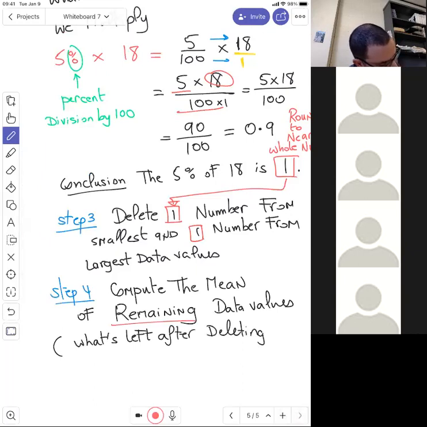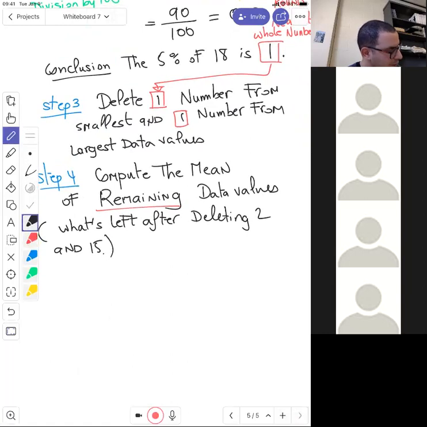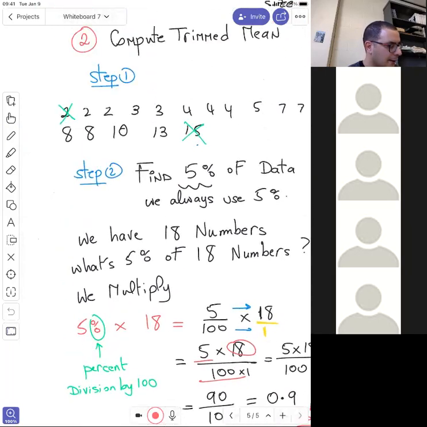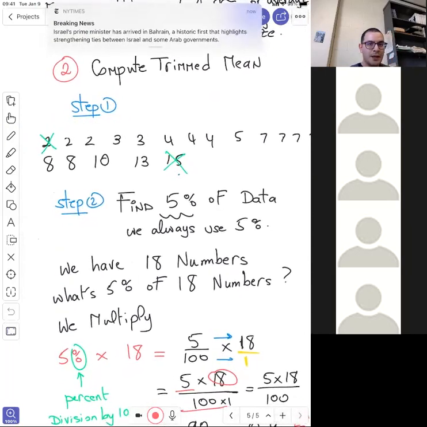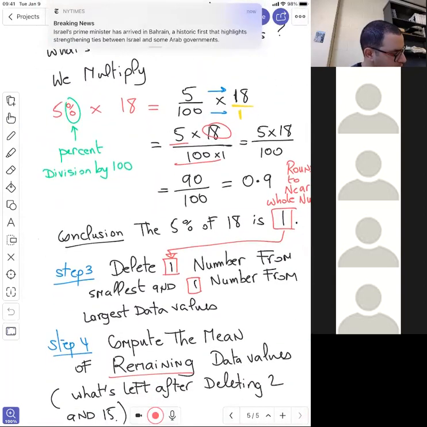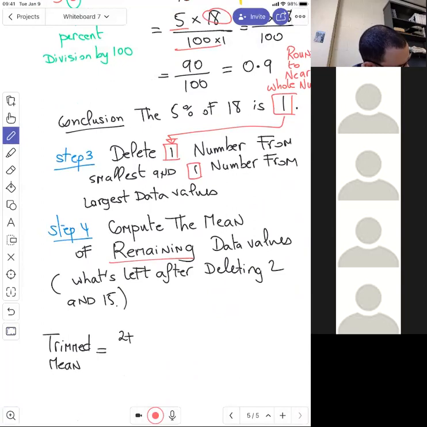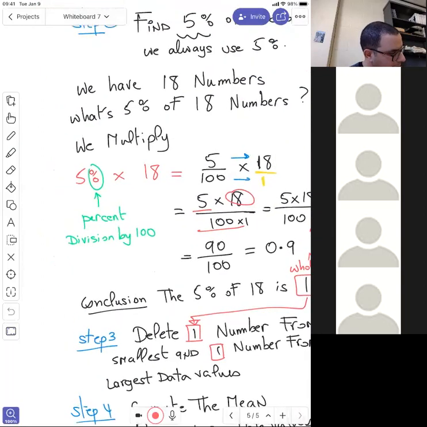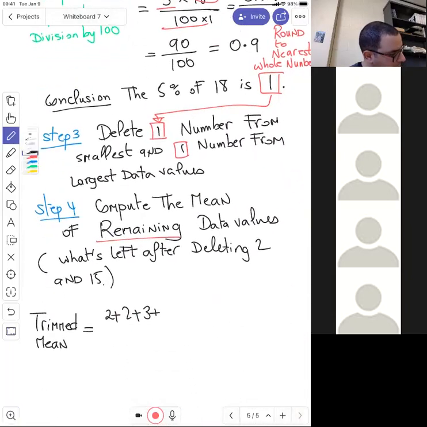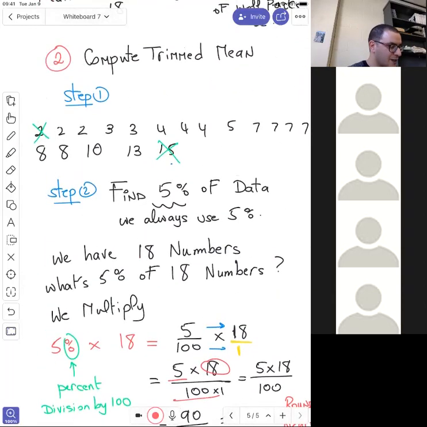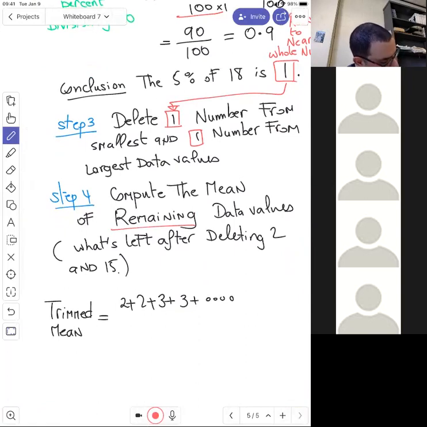So your trimmed mean would be equal to: if you delete the first 2, we are left with 2 twos, so 2 plus 2 plus 3 plus another 3, etc. But the last number, in this case, is not 15. The last number would be 13.